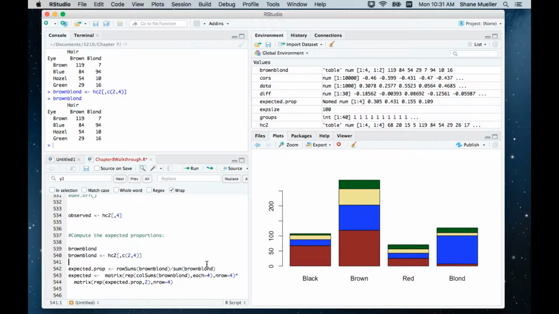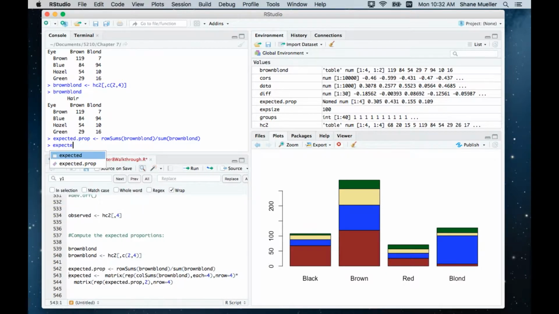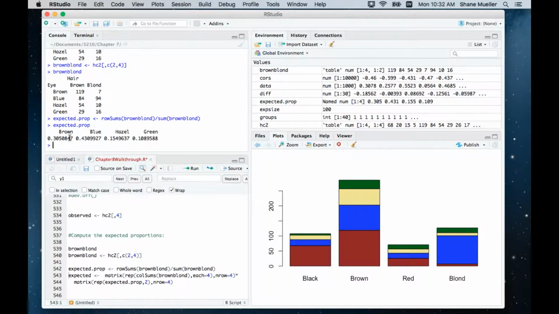Well, we could ask, what's the expected proportion of eye color if we ignore hair color? If we look at the expected proportion of eye color, we can see 30% brown, 40% blue, 15% hazel, and 10 or 11% green, which I guess may match your intuition.